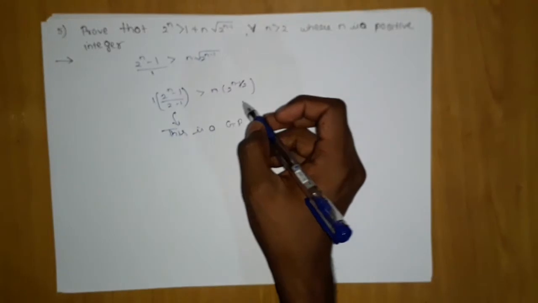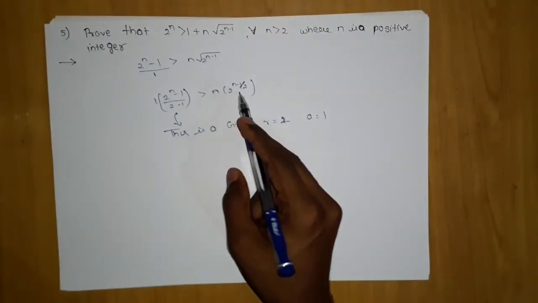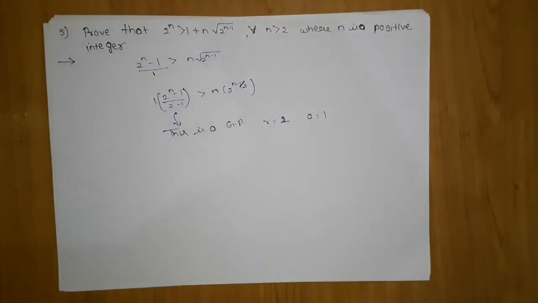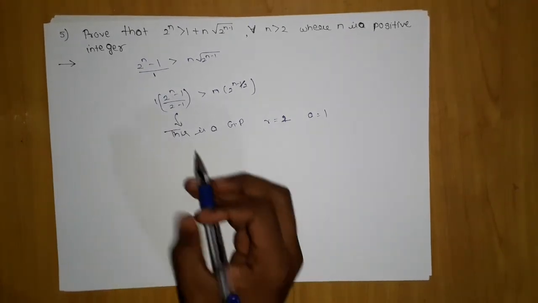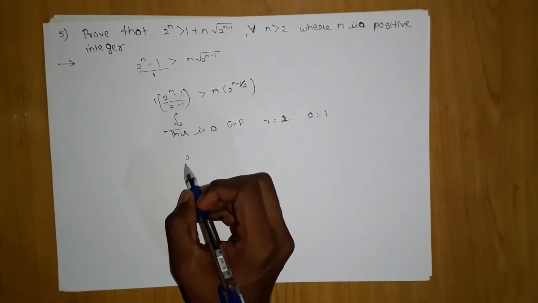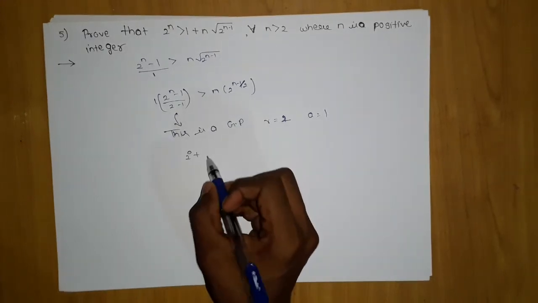If I multiply n into 2, this is a GP, that we are very sure. 2 power 0 means 1, and the next terms will be what?